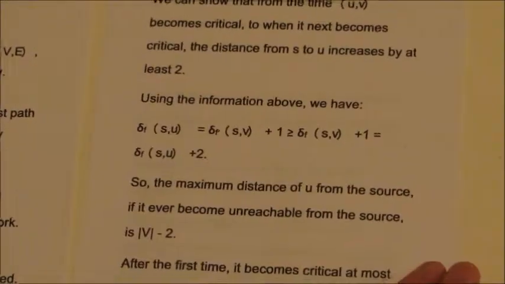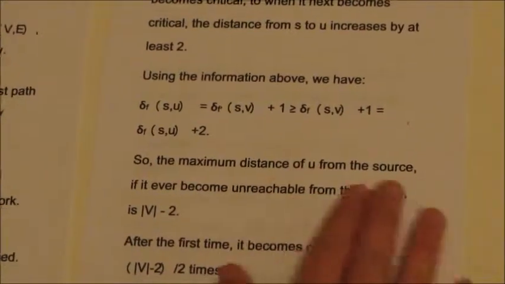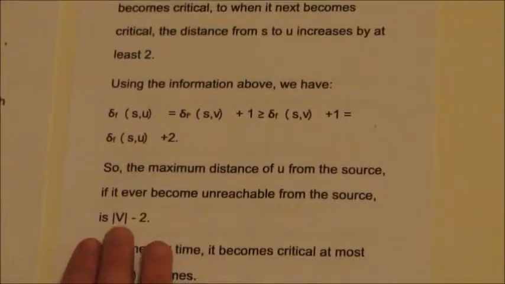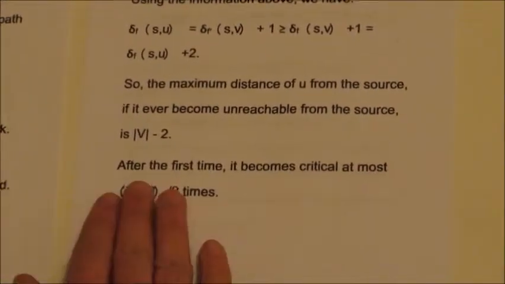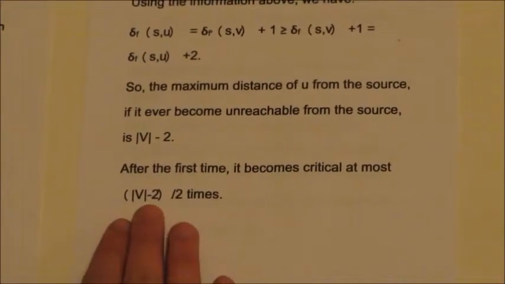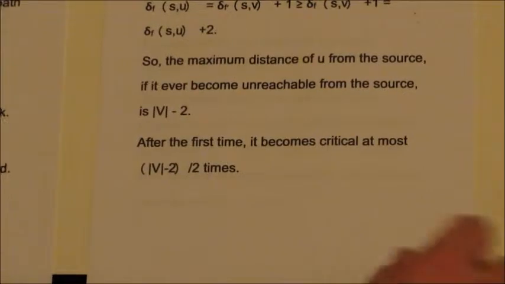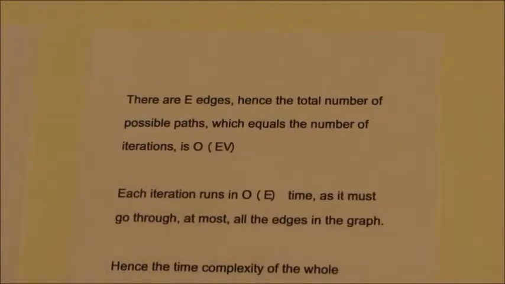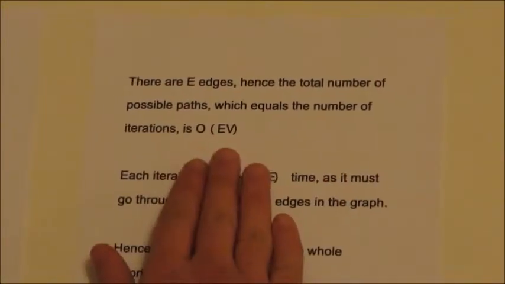So the maximum distance of U from the source, before it becomes unreachable, is the number of vertices minus 2. After the first time it becomes critical, it can become critical at most (V minus 2) over 2 times. We know that there are E edges, so the total number of possible paths, which equals the number of iterations, is O(EV).